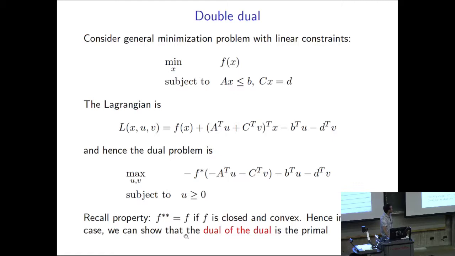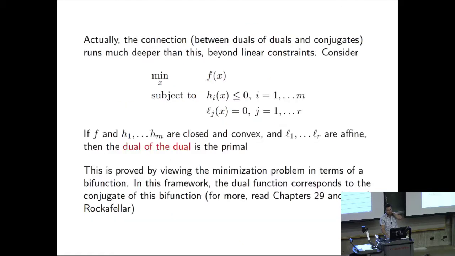And this calculation only involves the fact that f star star is f. That's all we need to do this calculation. It's quite a straightforward calculation. So the dual of the dual we verified is the primal in the case when we have linear inequality and equality constraints.